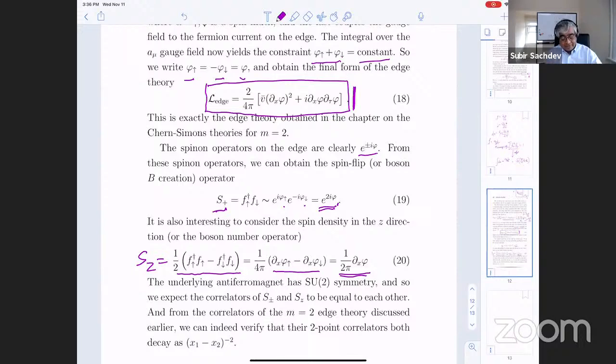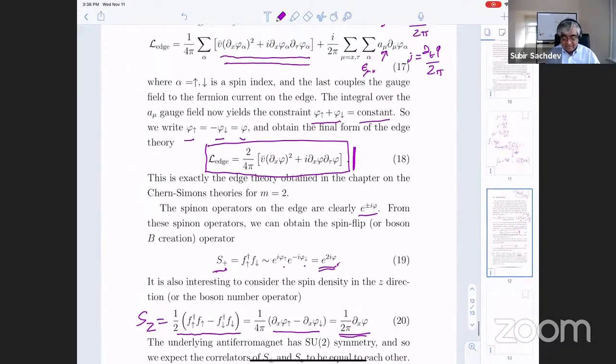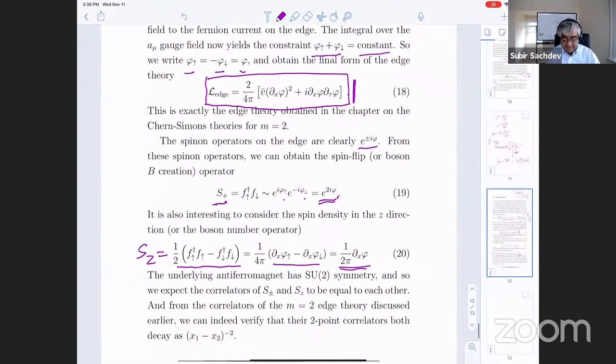So in fact, even though you broke the SU2 symmetry in bosonizing the theory, in the end, you can recover it. Now, there's another way to do all of this using an approach that maintains SU2 symmetry at all times. That involves an SU2 gauge field in the bulk and non-abelian bosonization on the boundary. That's also a very powerful technique, which is useful in other cases. But here, we can actually get all the answers we need just by using abelian bosonization.